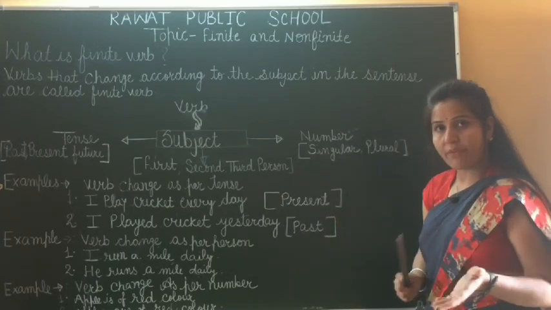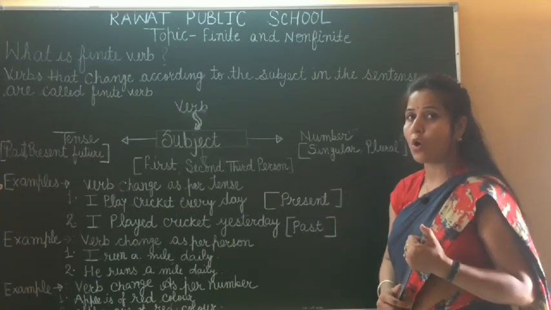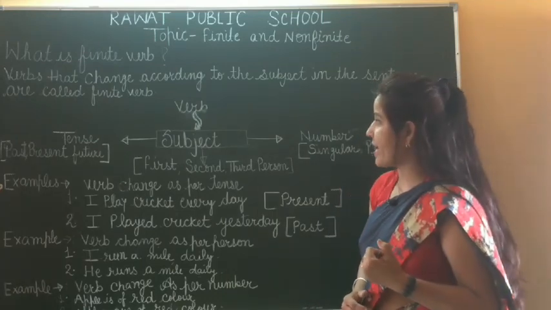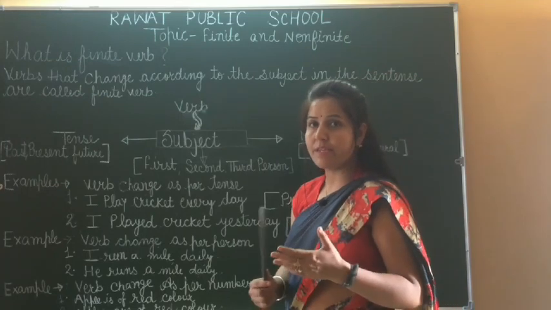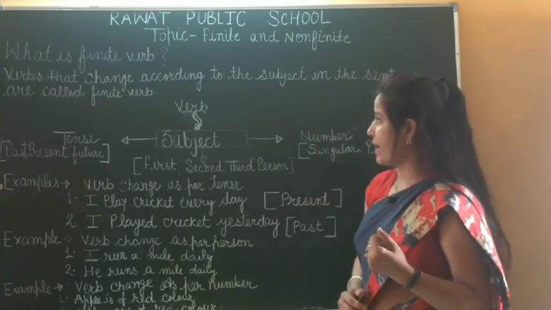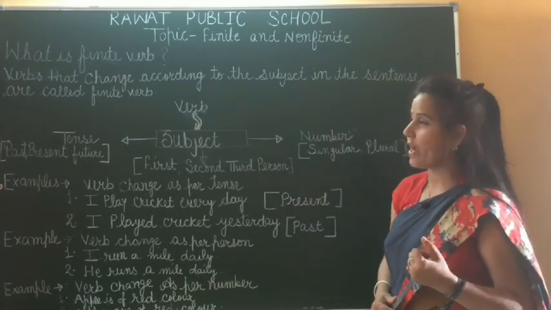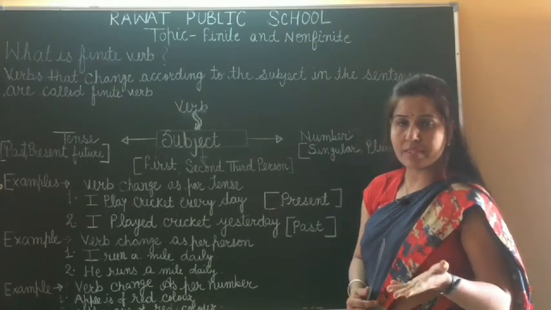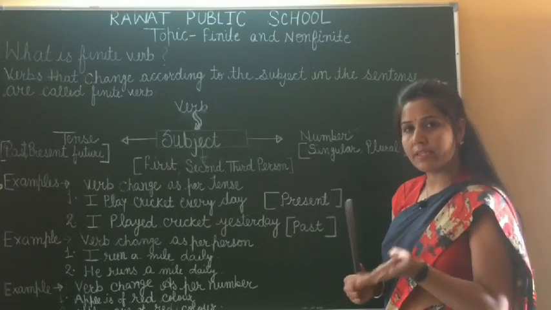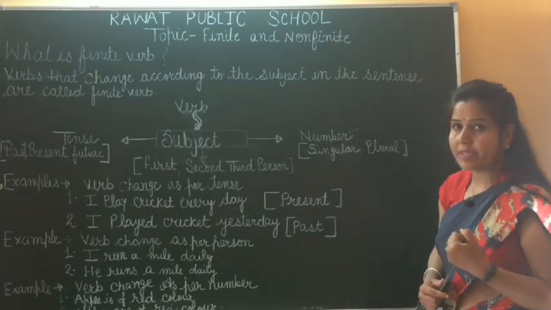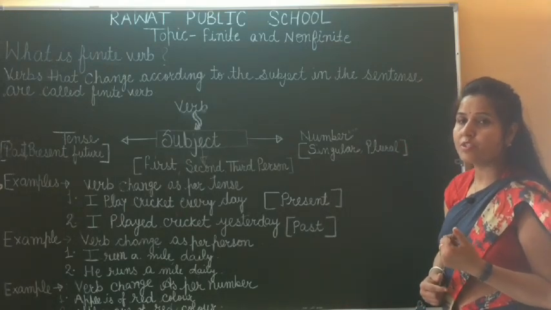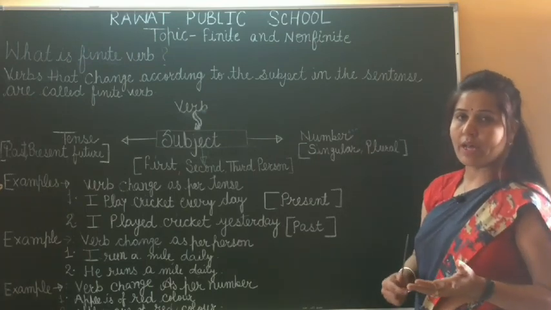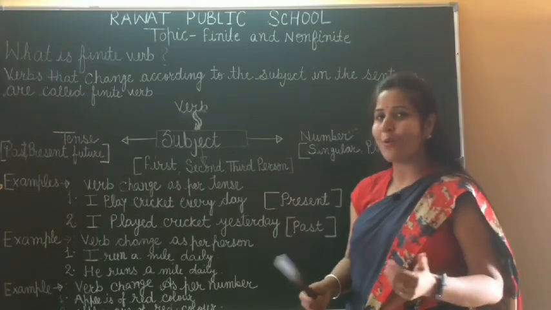The three parameters are: it changes as per the tense, present, past and future; as per the person, first person, second person and third person; and as per the number of the subject, singular and plural. I hope you have understood.